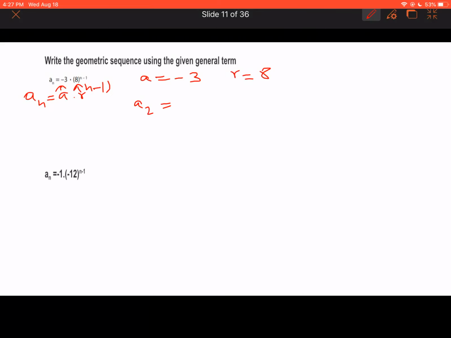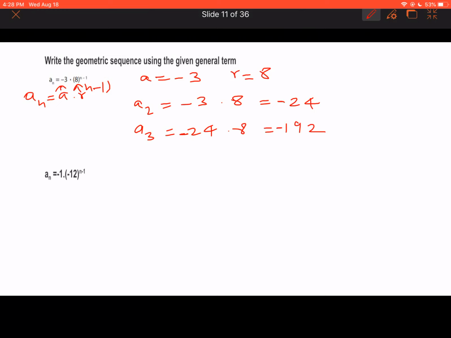a2 equals minus 3 times 8, which is equal to minus 24. And the a3 value is minus 24 times 8, which is minus 192.